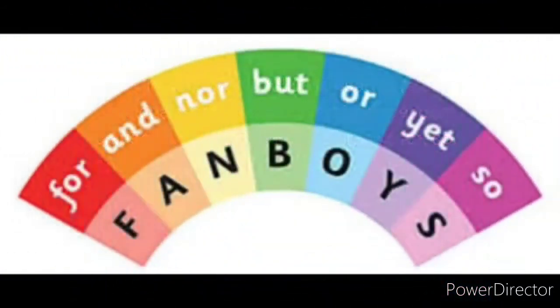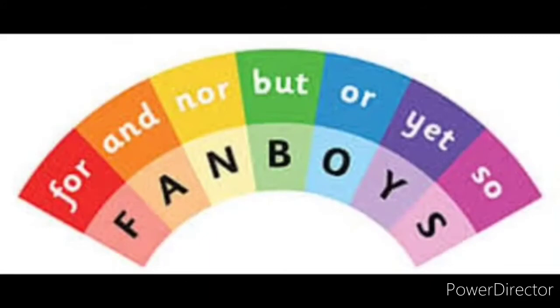To remember it easily, here the coordinating conjunctions are given in an acronym, that is short form. So this will be easy for you to keep in your mind as FANBOYS.